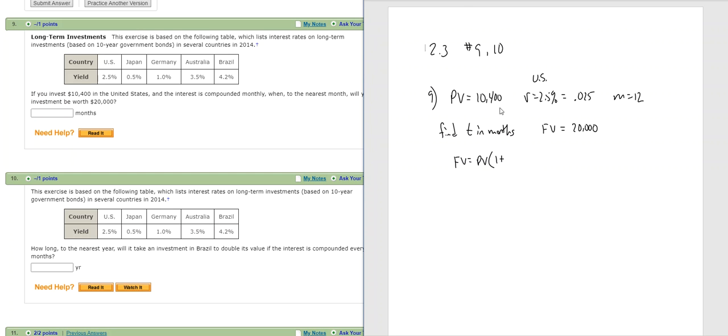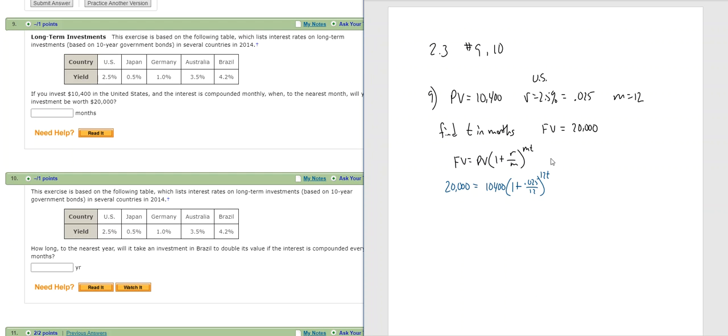Let's put it all in symbols first. R over M to the MT, so we can see what we're working with. So this is 20,000 equals 10,400 times 1 plus 0.025 over 12 to the power of 12t.